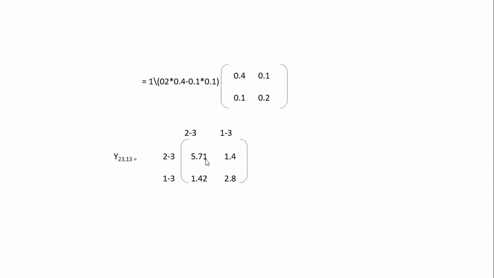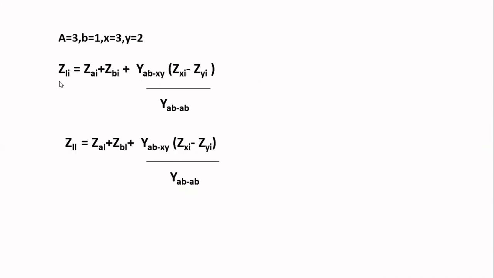That is 5.71, 1.4, 1.4, 2.8, 1.4, 2.8. Y2313 means these are the 2323 values and 1313 values.